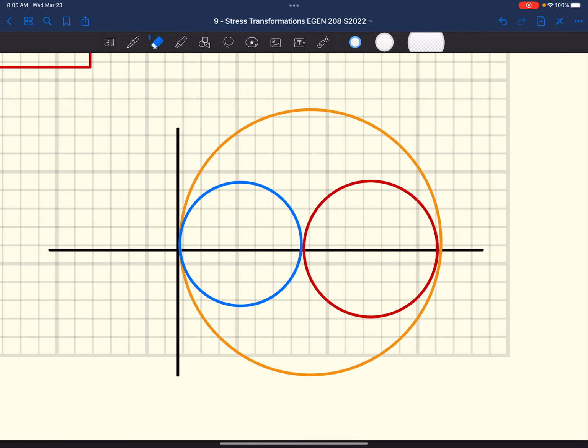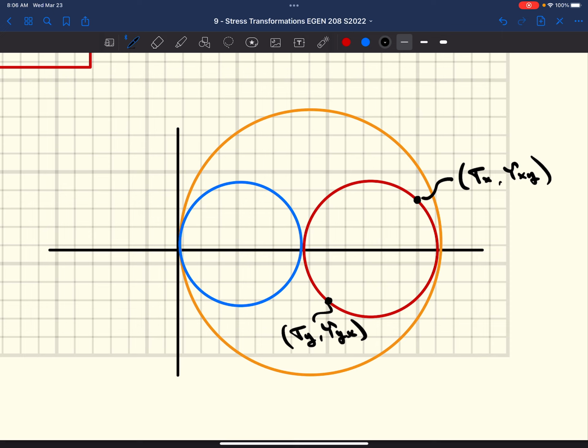So in this case, if we plotted say 2 points, this might be our sigma x, tau xy. This might be our sigma y, tau yx. We know our shear stresses are equal and opposite on either side of our x-axis. Our x-axis is our normal stress. So we're going to be equal distance above and below, and then we're going to have some sort of magnitude for our sigma x and sigma y. So we draw this Mohr's circle. This red circle is what we've done in class.